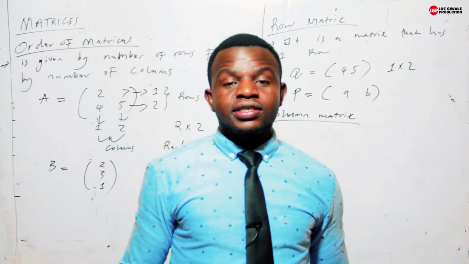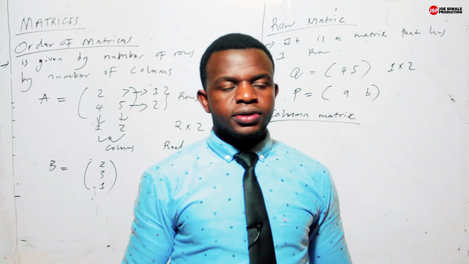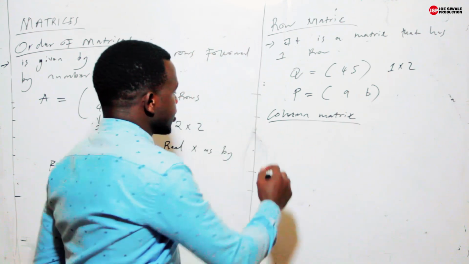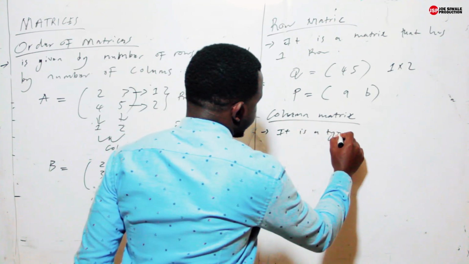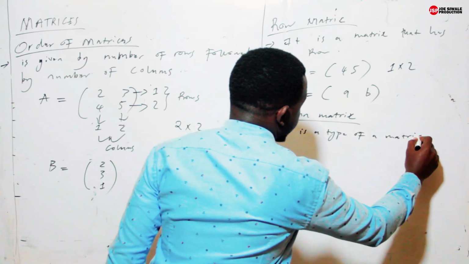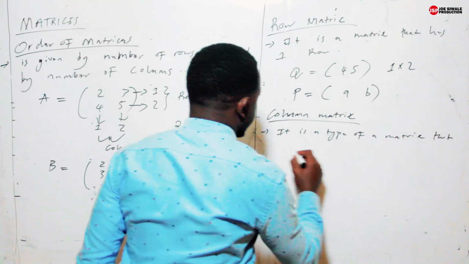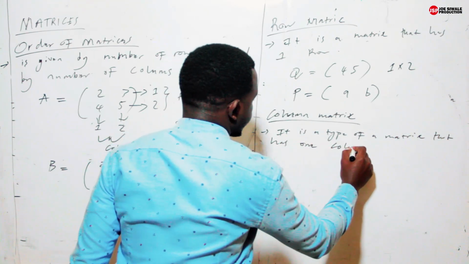The column matrix is a type of matrix that has only 1 column.